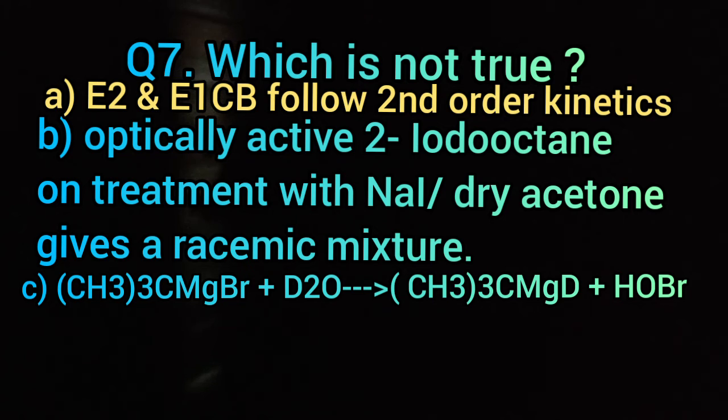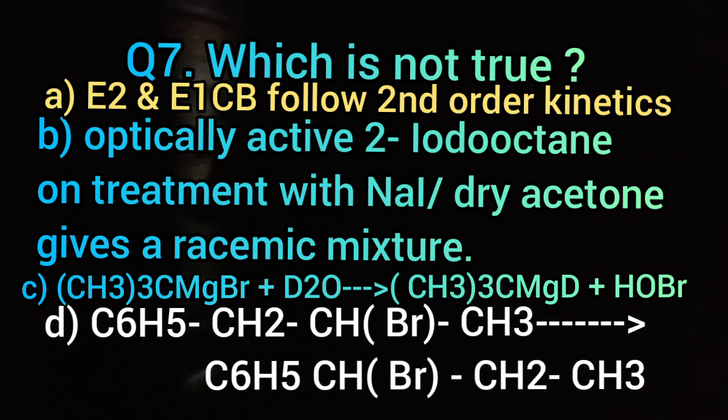Third option, (CH3)3C MgBr with D2O gives (CH3)3C MgD plus HOBr. Last option, C6H5CH2CHBrCH3 in presence of alcoholic KOH and HBr gives the product as shown.